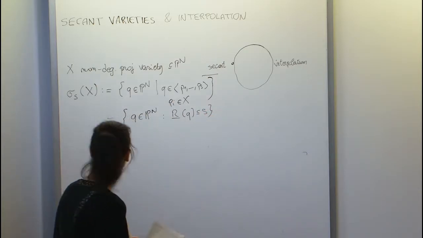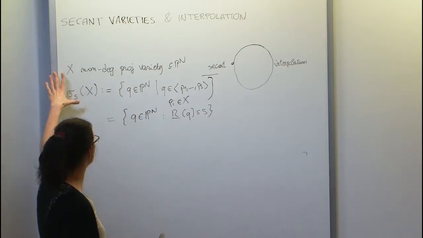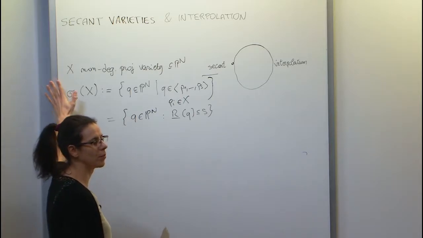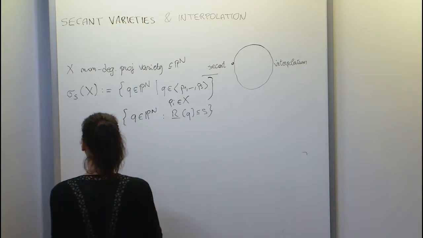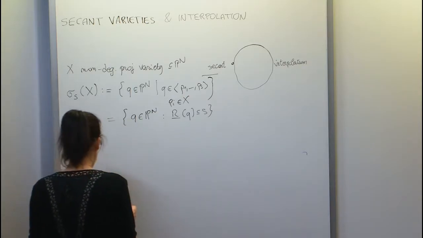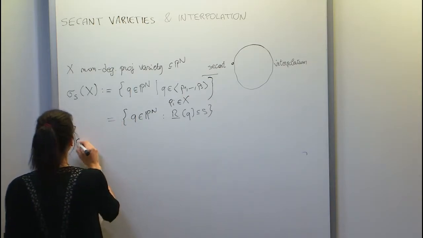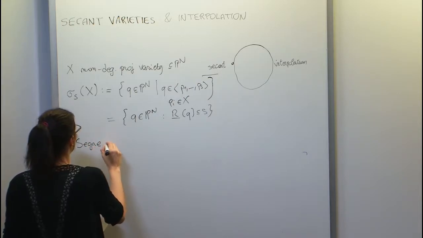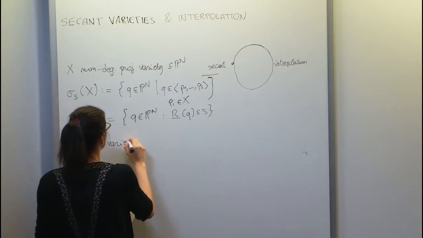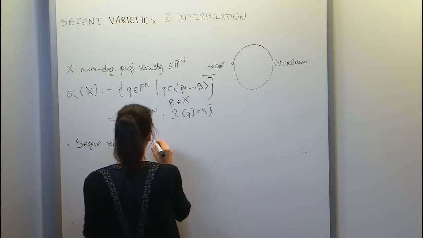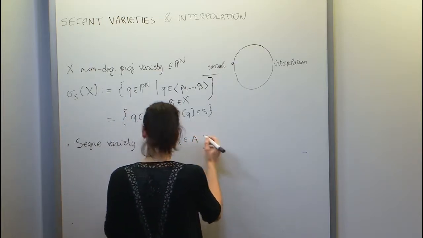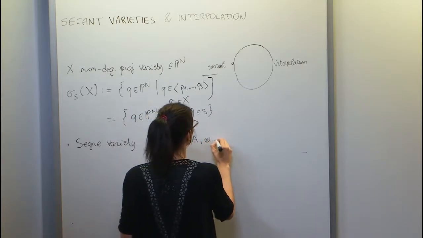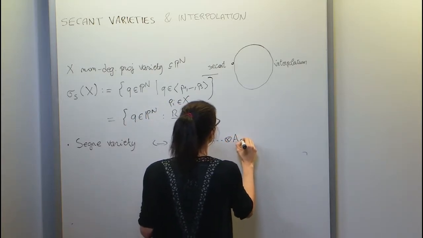So what are the varieties? Well, this is a general definition, but actually we focus on some particular examples. What are the fundamental varieties for this talk? First of all, the Segre variety. X can be a Segre variety. This would correspond to tensors Q in a tensor space A1 tensor ... tensor An.